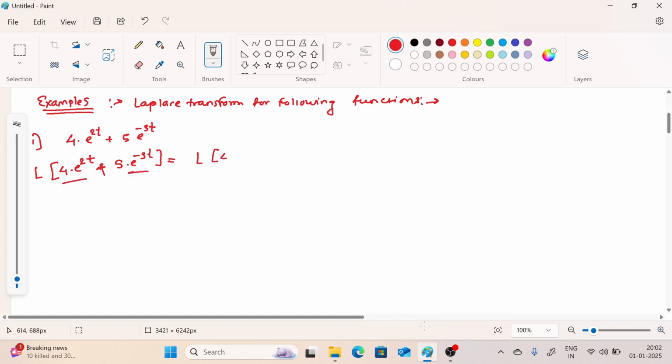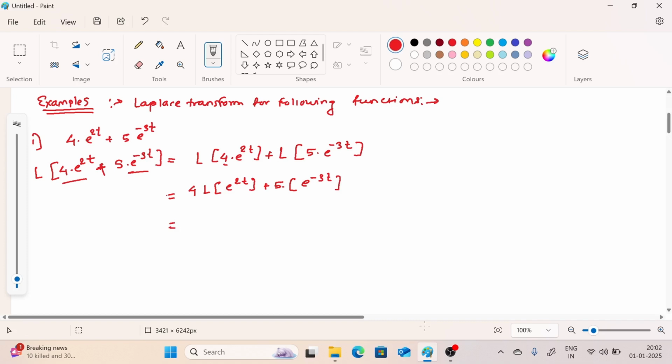Laplace of 4 e raised to 2t plus Laplace of 5 e raised to minus 3t. Now 4 is a constant, so I will take 4 outside. e raised to 2t is here. 5 is a constant, I will take it out. e raised to minus 3t.